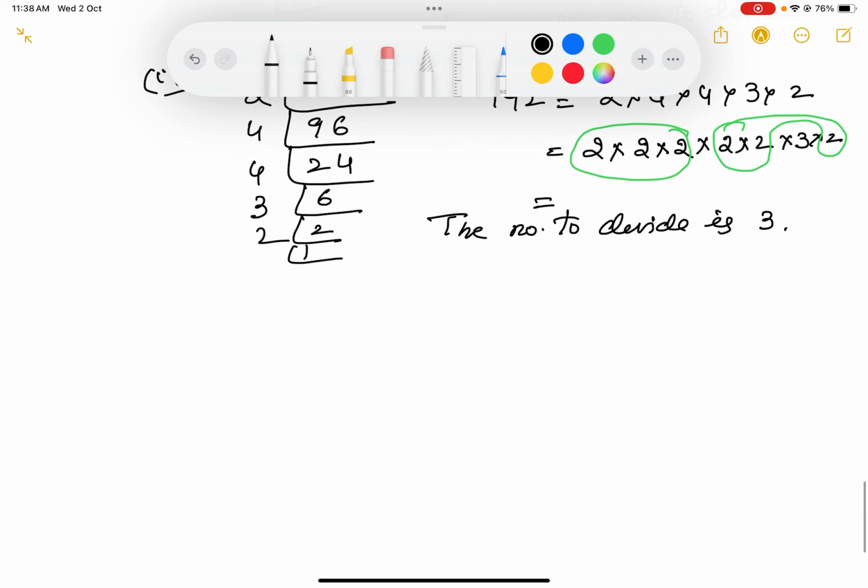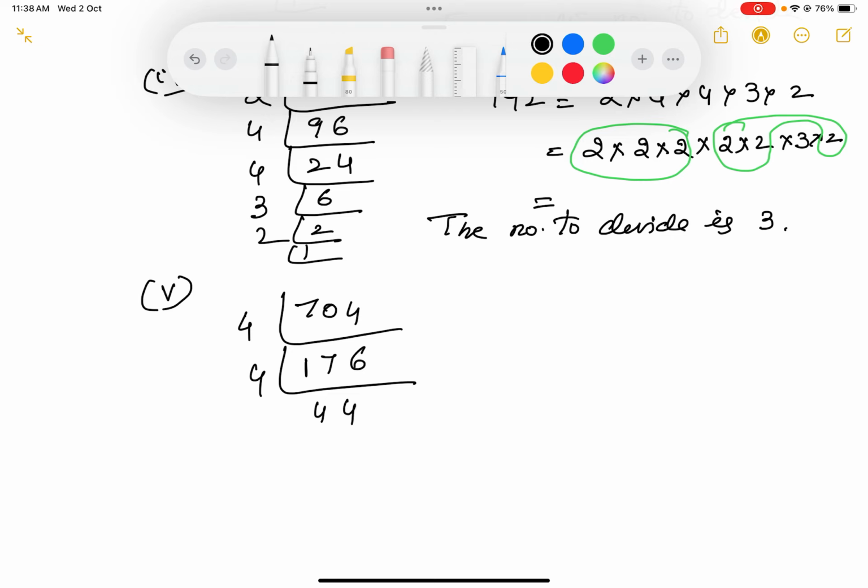Let us now have the last problem in this exercise. Fifth is 704. So the last 2 digits is 04. So it is divisible by 4. So 4 1s are 4. 30 means 4 7s are 28. 24 means 4 6s are 24. Now 4 4s are 16. Again 4 4s are 16. And 4 11s are 44. 11 1s are 11.